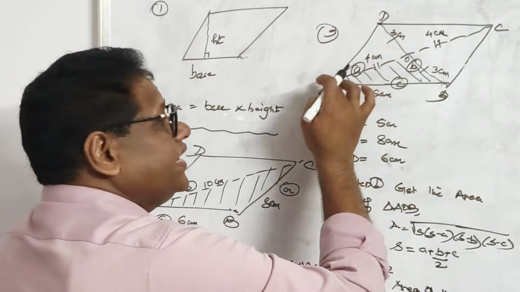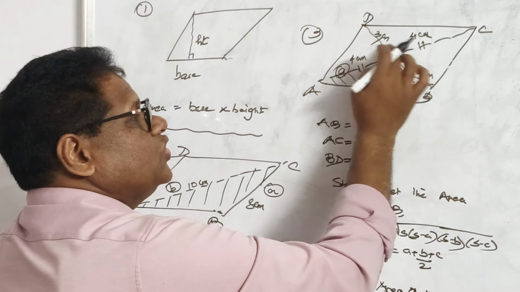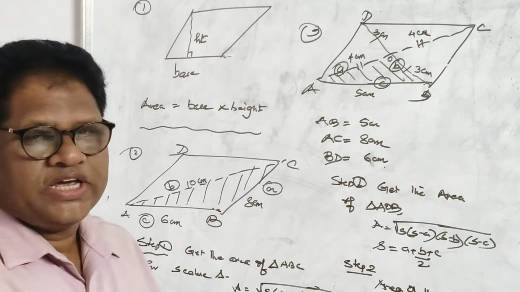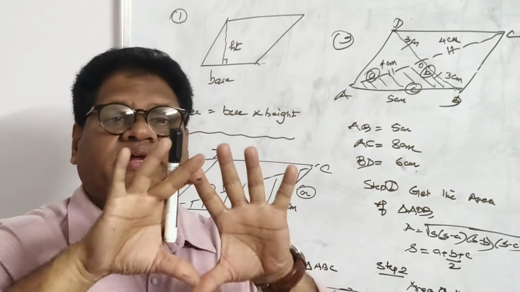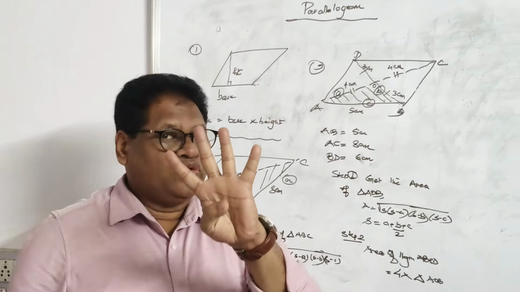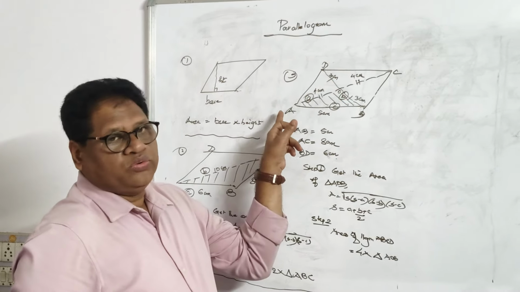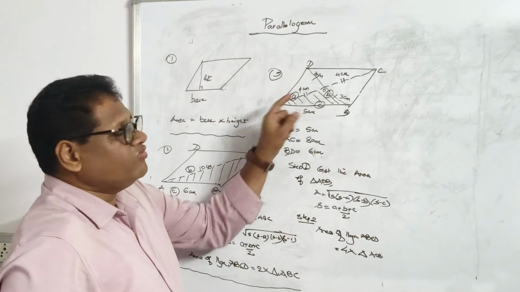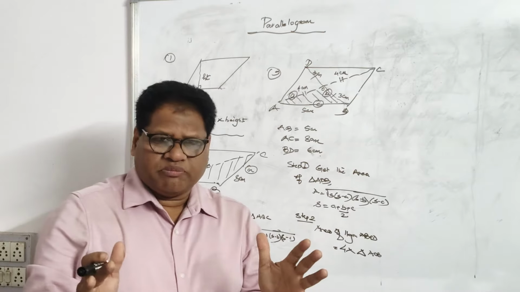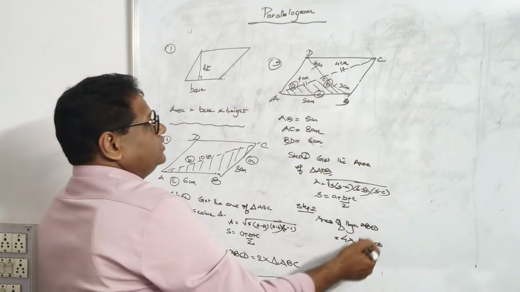Why? Because diagonals divide a parallelogram into 4 triangles of equal area. I repeat once again, the two diagonals AC and BD are dividing the entire parallelogram into 4 triangles, that is AOB, BOC, COD and DOA, into equal parts. So after getting the area of one triangle, you just need to multiply by 4 to get the area of the whole parallelogram. So this is the step.